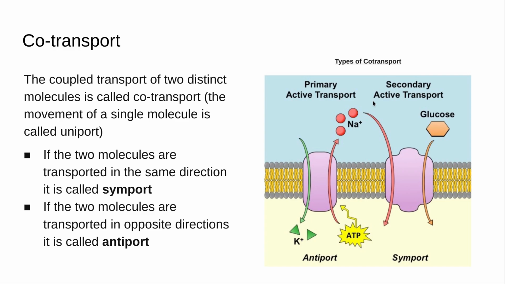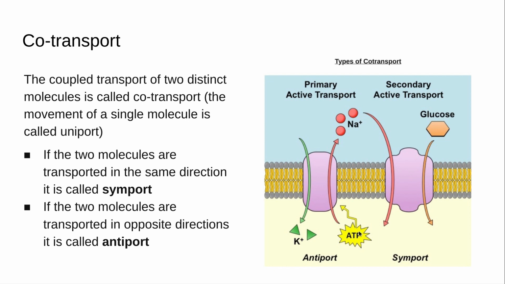So here, if you have molecules moving in the same direction, for example, we have ATP powering the movement of, let's say, sodium from one side of the membrane to the other side. That electrochemical gradient that is created enables glucose to move in the same direction as the sodium ions. Movement of the co-transported molecule in the same direction is called symport. Sym means same.